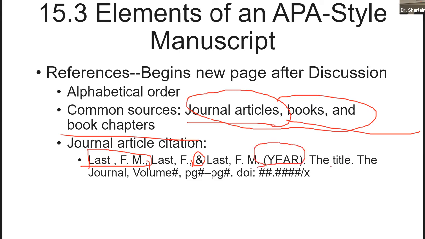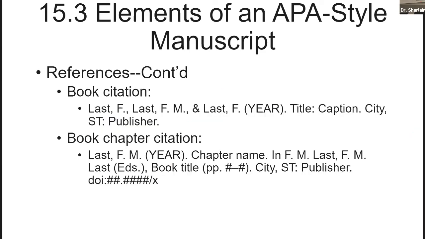We're also going to include the title of that article, and the name of that journal. So any questions about that? I'm also going to leave up on the screen how we should cite a book, whether we're using the entire book or we're simply using a specific section, a specific chapter of that book. I'll give you a chance to pause the video and look into this specific format.